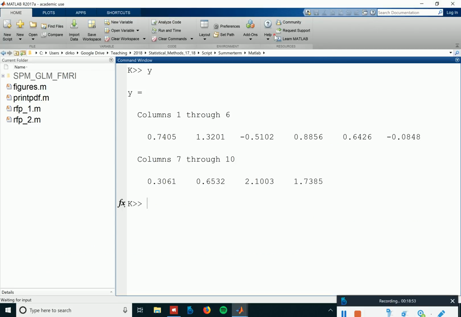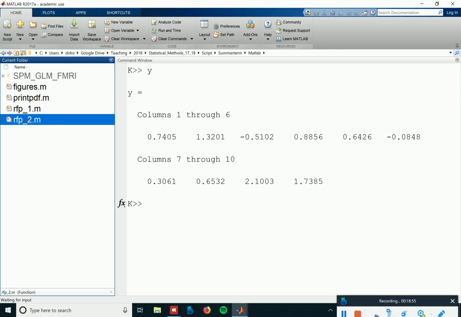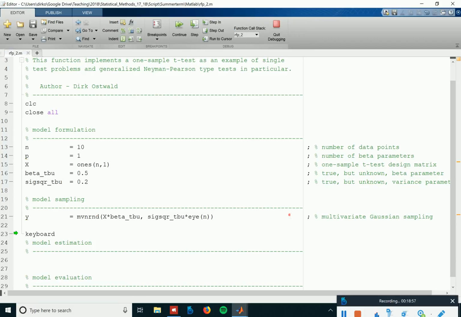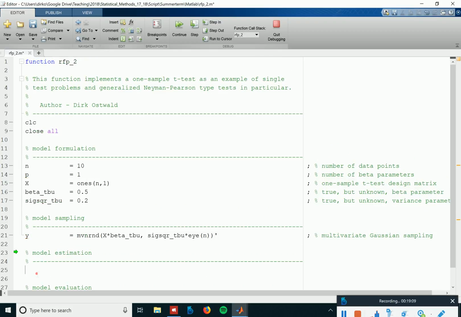The only problem is that for some reason MATLAB does not return the y as a column vector, as would be sensible, but as a row vector. So we transpose the whole thing so that we get a column vector, a column of data points.